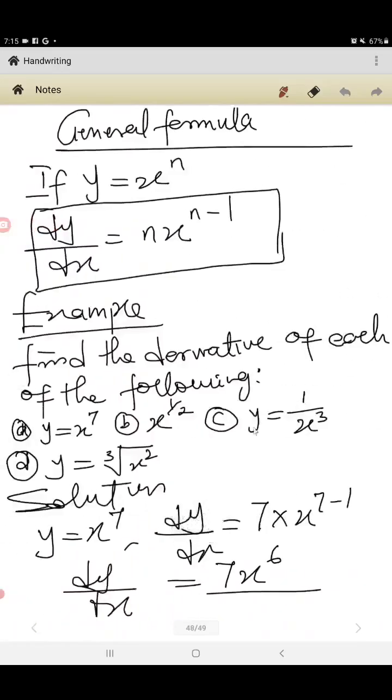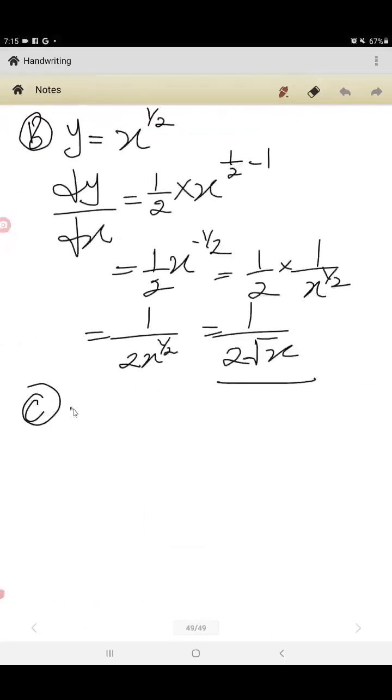So the C part said that y is equal to 1 over x cubed. So if y is equal to 1 over x raised to power 3, you can rewrite from the law of indices to say that y is equal to x raised to power minus 3.